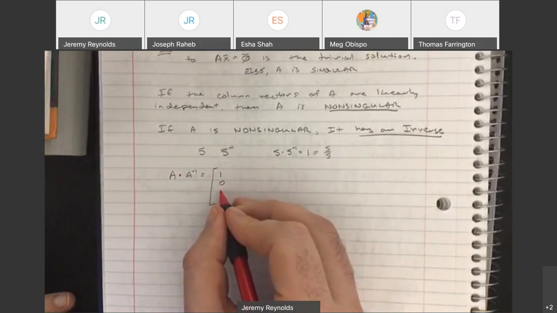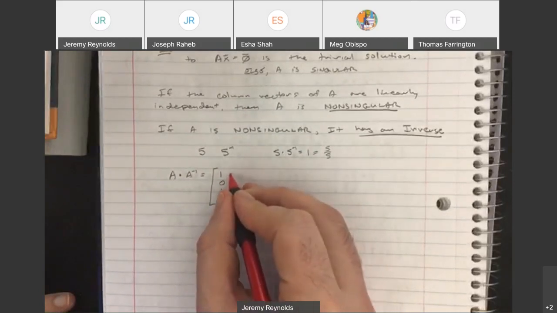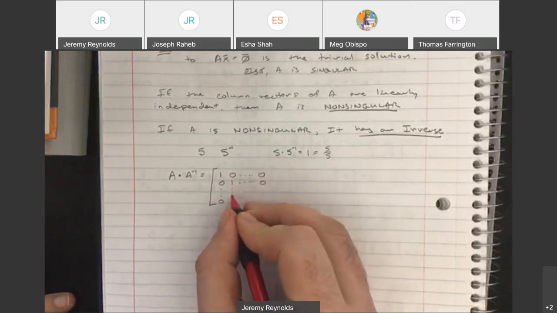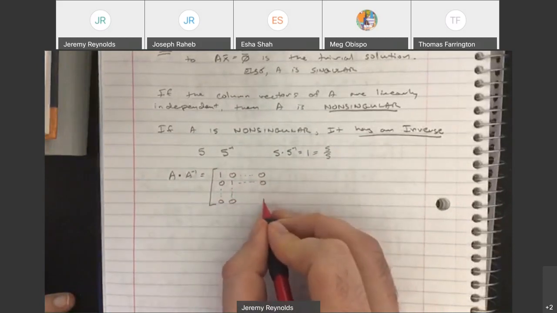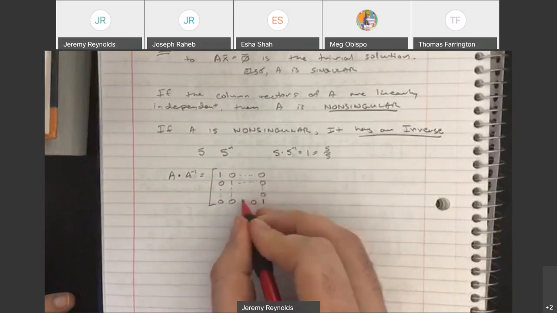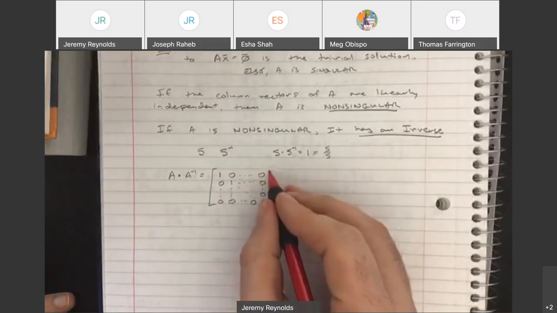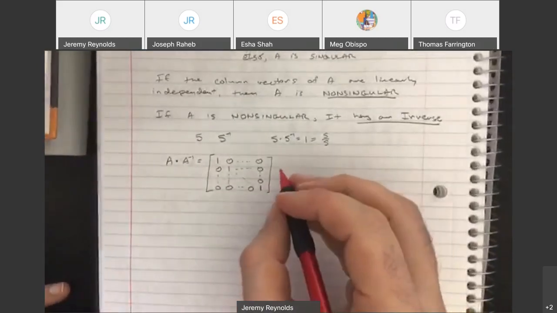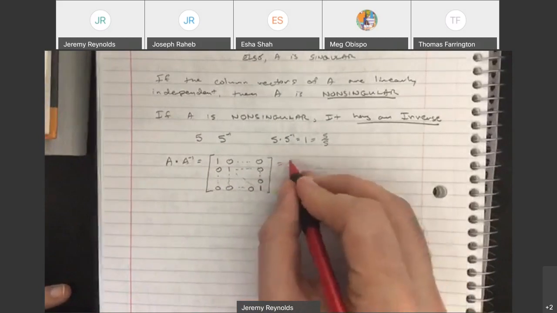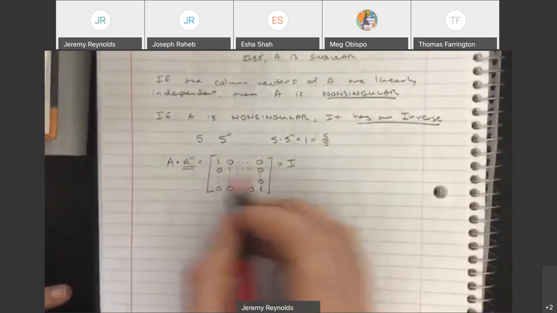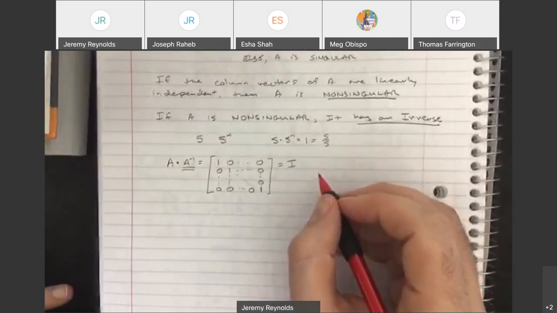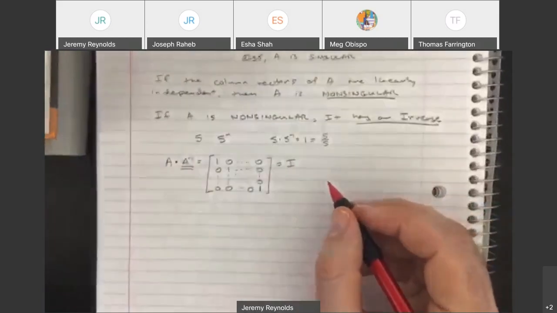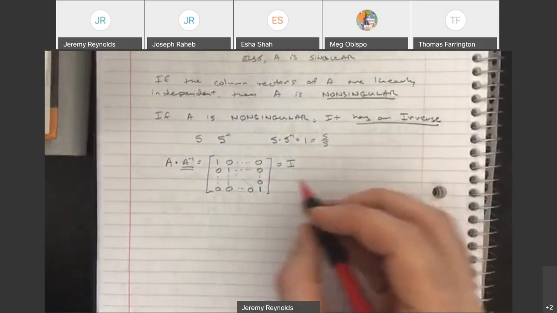And the identity matrix is basically this matrix, and it has ones on the diagonal, and everything else is 0. And so we need to find this guy, and you'll notice that if you do find that inverse, then there are some cool properties that follow from it.